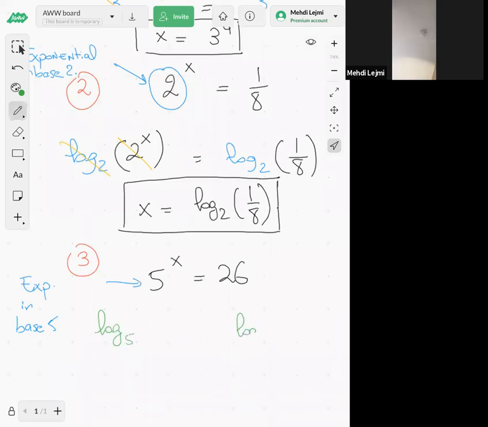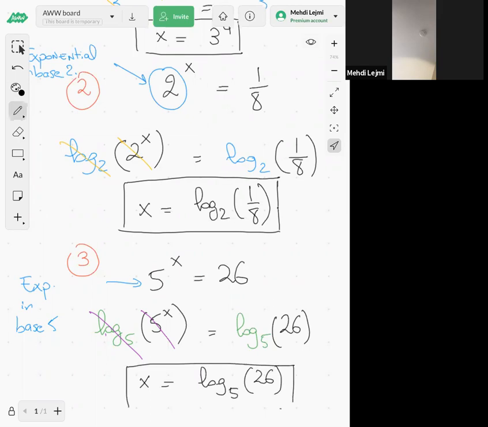On the right side, I have 26, and on the left side, I have this 5 to the power x. All right, so then log and exponential cancel out. So it's just x on the left side, and on the right side, that will be log in base 5 of 26. All right. Any question, guys?